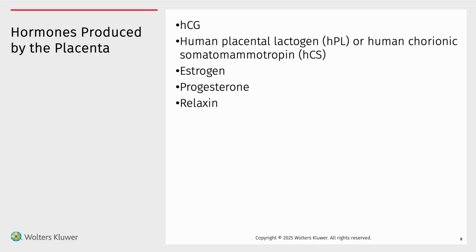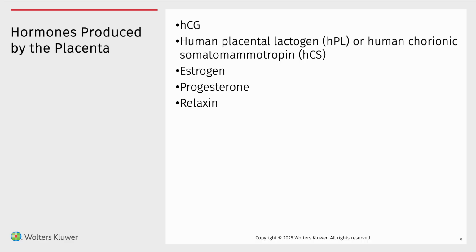What do I mean by gestations? Multiple fetuses, like either you have a single birth versus multiple, twins, triplets, and so forth. So then you have the HPL, human placental lactogen, and you also have the HCS.